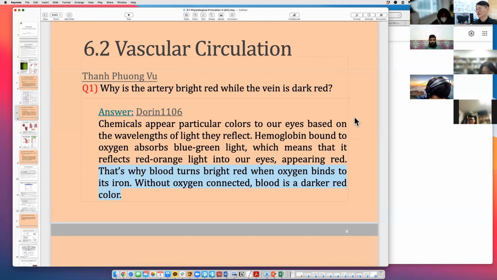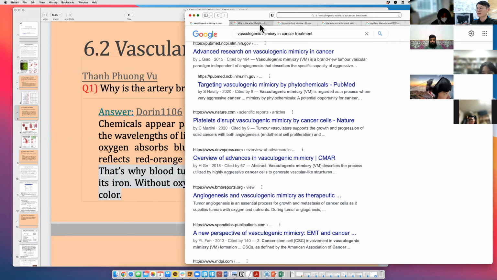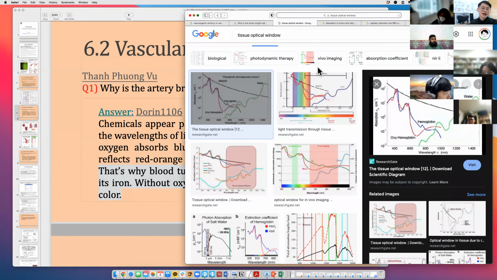First, I think it's important to think of the spectrum point of view. So why is blood red? Because the color comes from hemoglobin, which absorbs green and blue, so only red is reflected to our eyes.